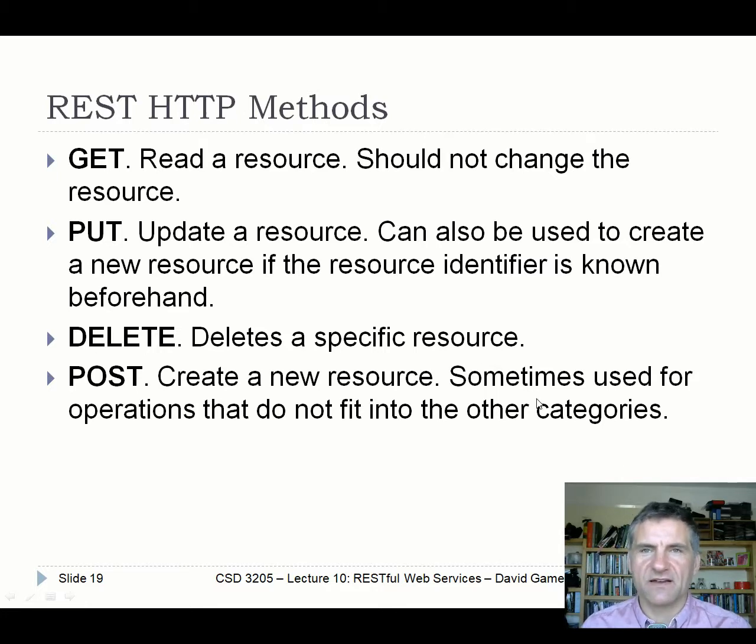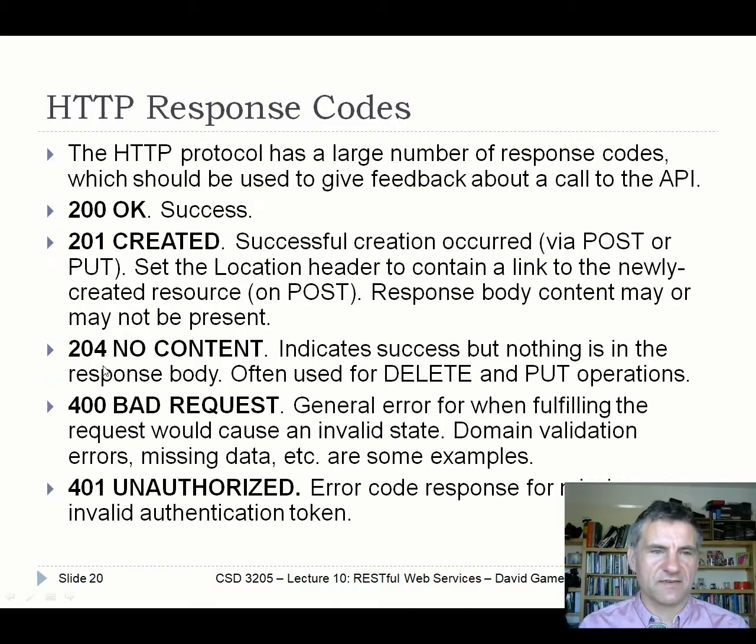If there's some funny operation that we can't fit into one of the other categories, then we can use POST for it. So again, it's about sticking to the general guidelines, sensible use of the HTTP methods, but within that, you may find that you have to design some bit that doesn't quite fit into the typical REST approach, and then you can use POST to fudge it a bit, right? That's kind of what it's there for.